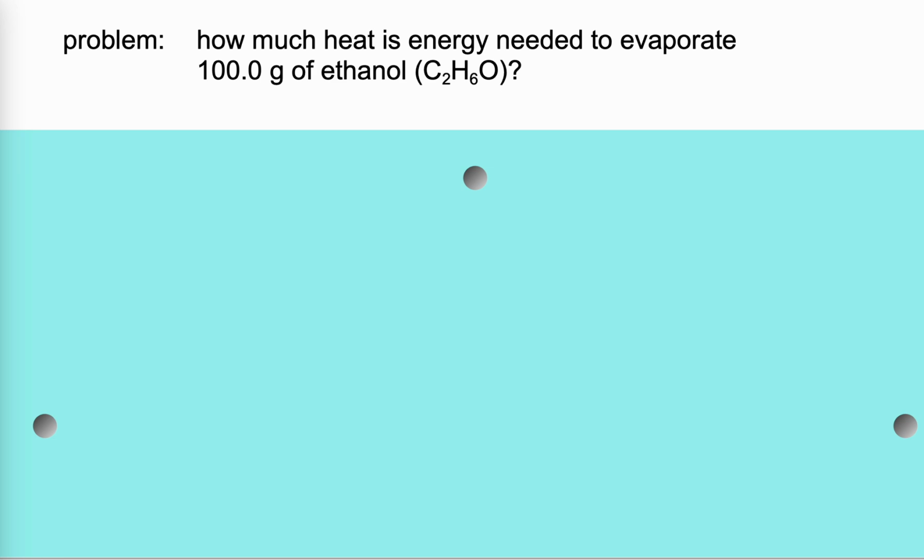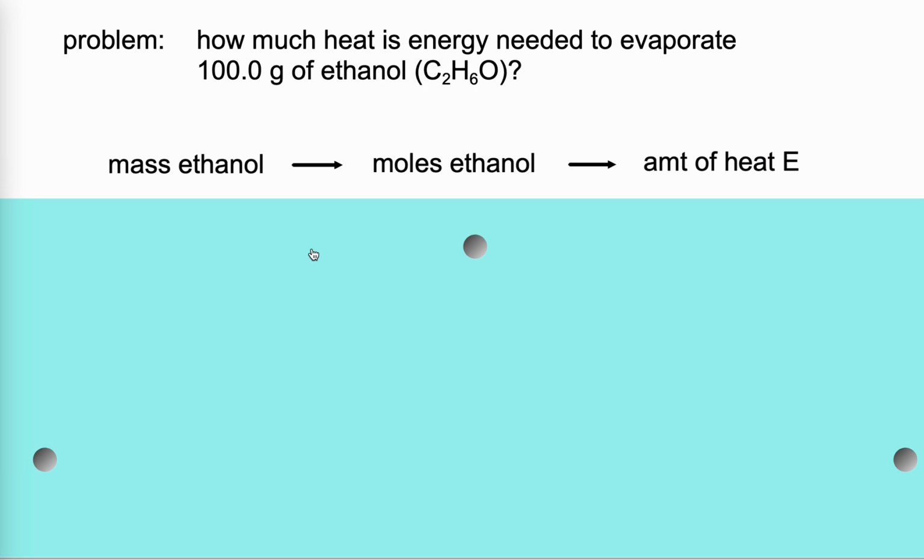So, here's a question we can ask. How much heat energy would we need to evaporate 100.0 grams of ethanol? So I've got this substance for which I know the molar enthalpy of vaporization. Okay, we said before it was 38.7 kilojoules per mole, and I want to evaporate 100 grams of ethanol. Well, let's do a little roadmap here. We can start with the mass of ethanol, of course, because the molar enthalpy of vaporization is in kilojoules per mole.